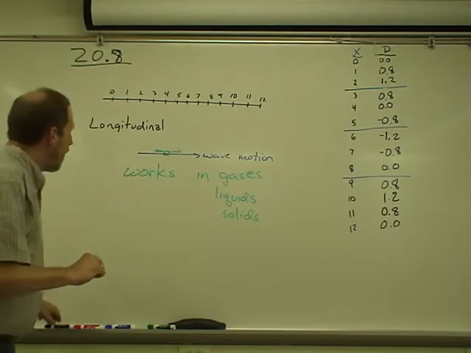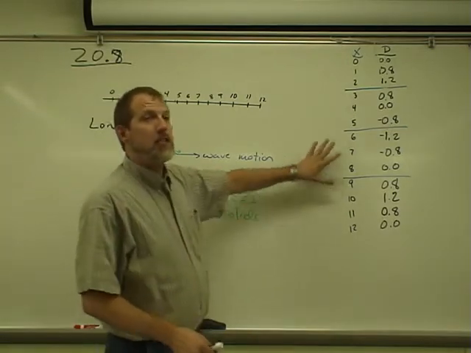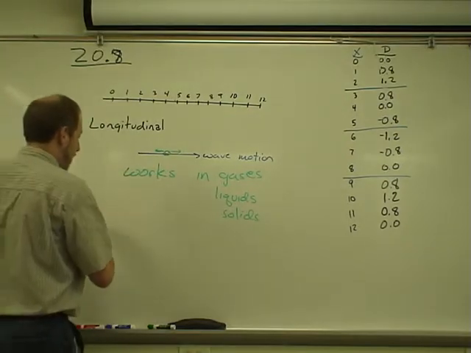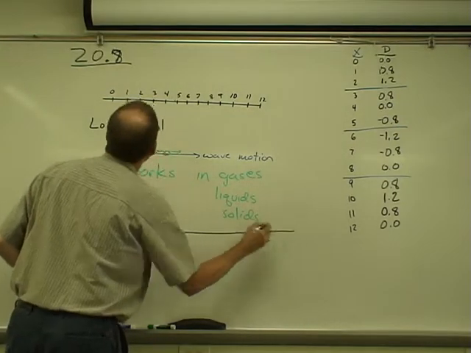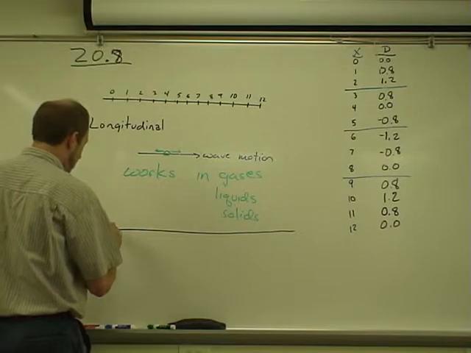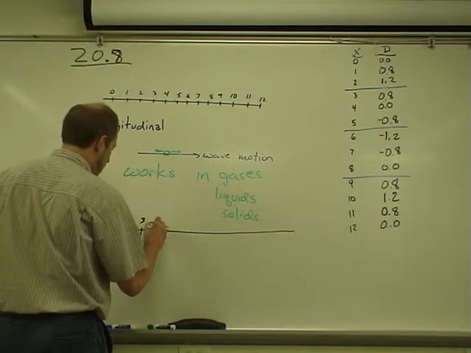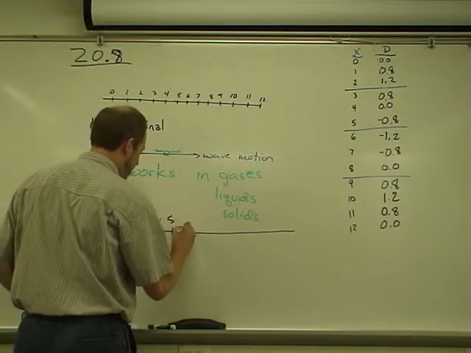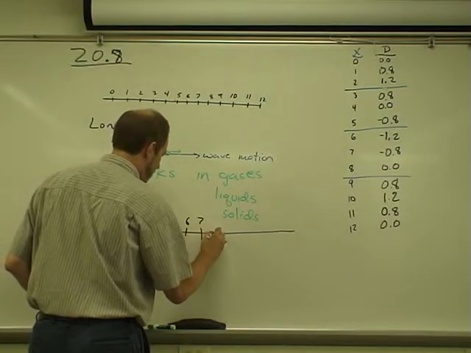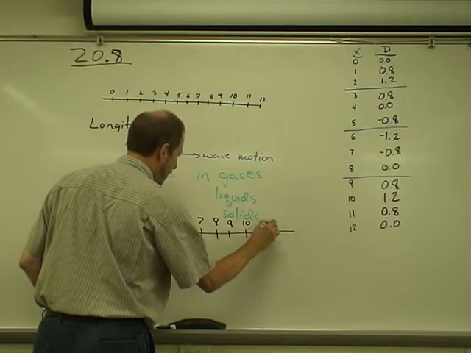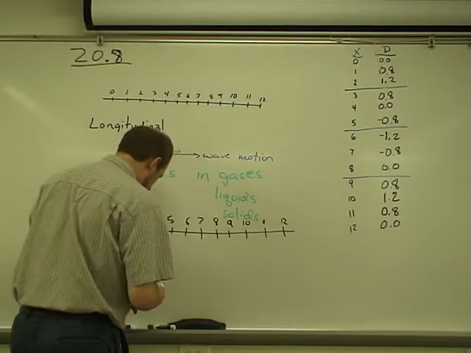So, let's look and make a graph. I've changed some of these displacement values to make it work in this case. Let's look at 0, 1, 2, 3, 4, 5, 6, 7, 8, 9, 10, 11, 12. Okay.